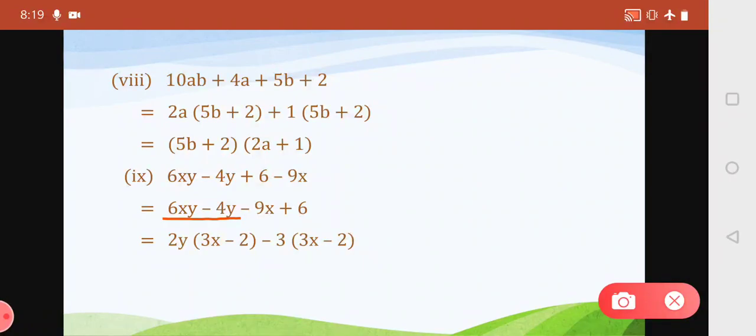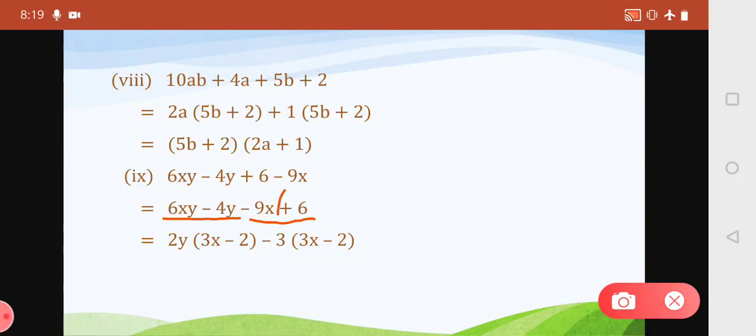Now for the second group, minus 9x plus 6. Again when we look at the terms of the second group, 9 and 6 both come in the table of 3. So we take out 3 common with the middle sign as minus. From the first term of the second group, 3 threes are 9, so we are left with 3 and the variable x, so we write 3x.